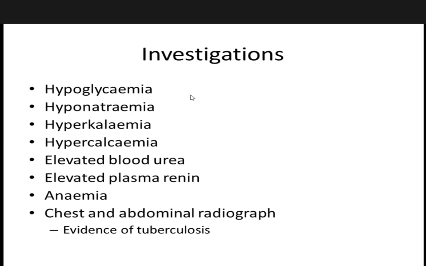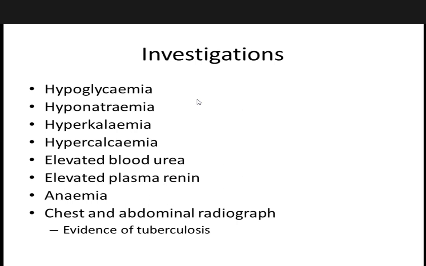So if someone is coming with low blood pressure, right, with features of dehydration, and even with hydration blood pressure is not picking up, right? When you do a random capillary blood sugar, if the blood sugar is something like 64, right? When serum sodium is around 120 and potassium is 5.1, immediately that should click in your brain, and you have to think about Addison's syndrome.